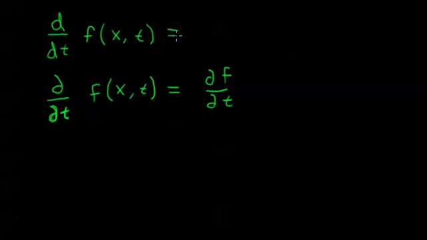So the way to evaluate this derivative is to take the partial derivative with respect to t of f. But then also we have to add a term. We have to add a term taking into account the fact that maybe x does change with t.